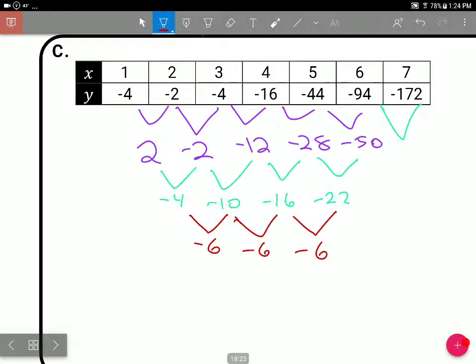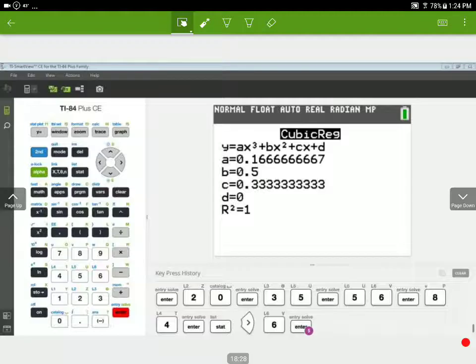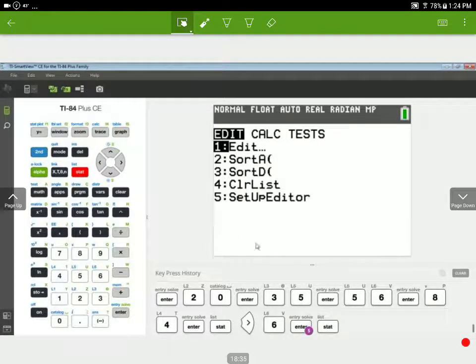And so let's block that out real quick. Remote desktop. Come on, where's the mouse? There it is. Stat, edit.